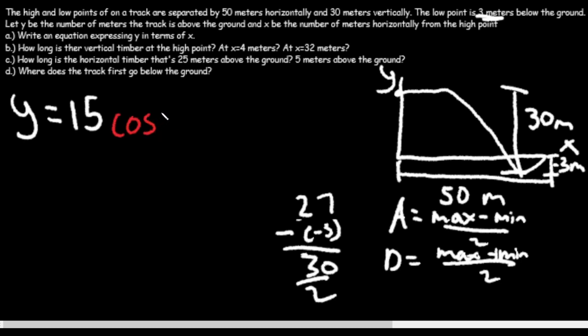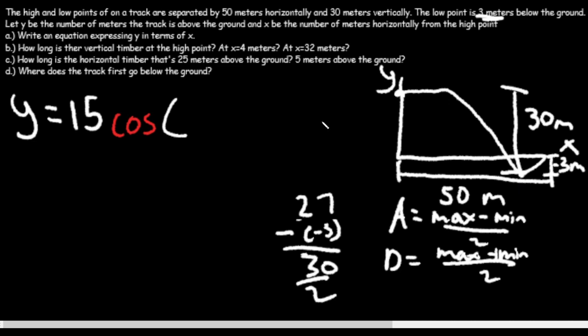15 cosine, and then we need to find the period, or the b value. To find the b value, it is from here to here. It's one whole period.